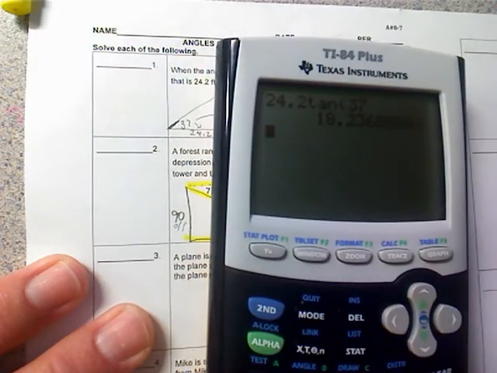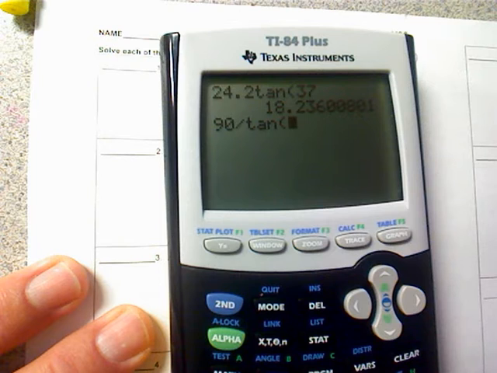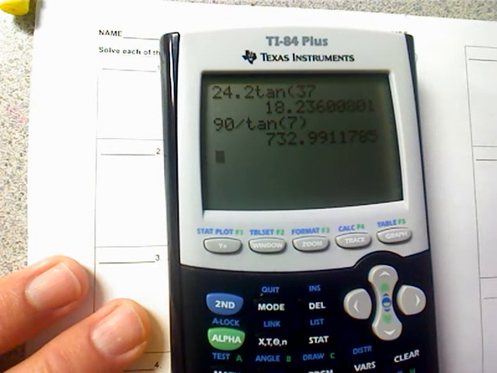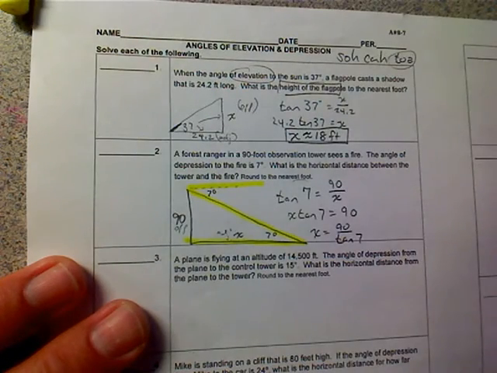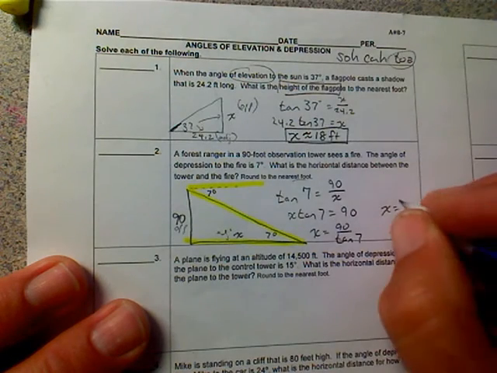So when I grab my calculator, I've got 90 divided by the tangent of 7 is 732.99. It said round to the nearest foot, so x is approximately 733 feet away.